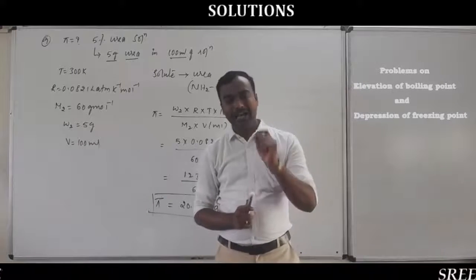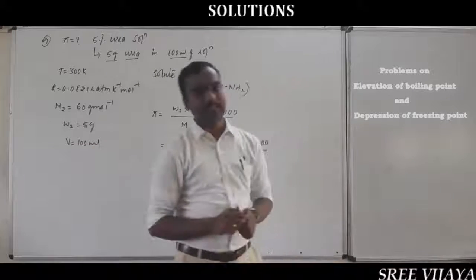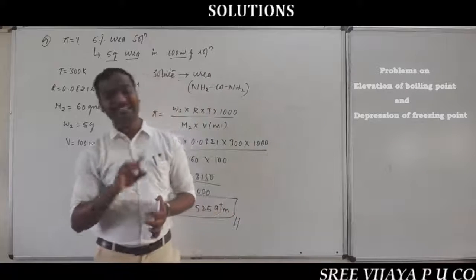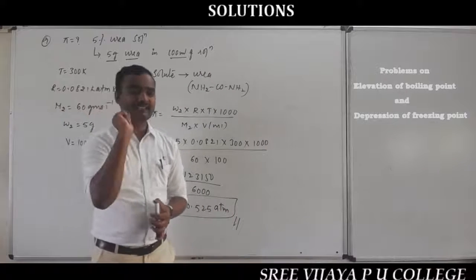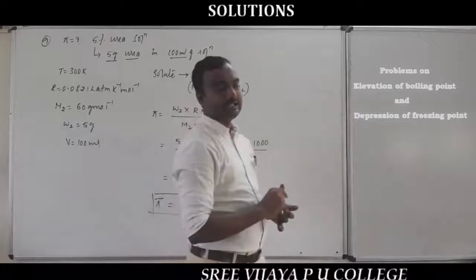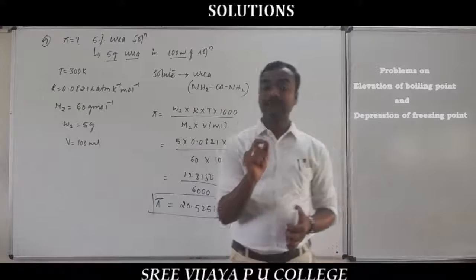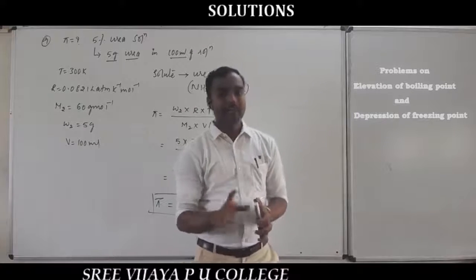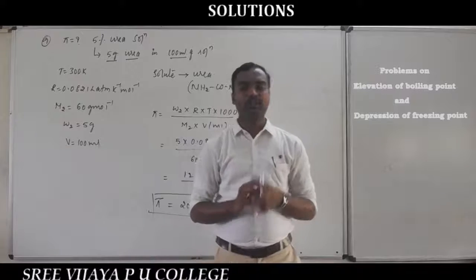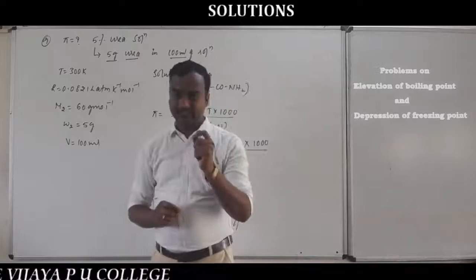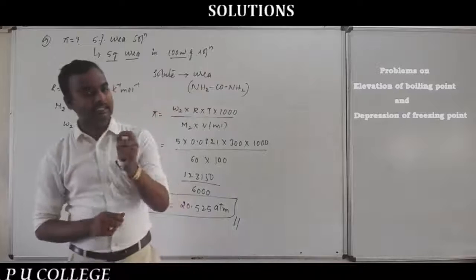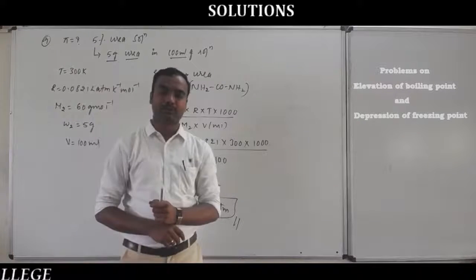Substitute that. And about delta TB, know that delta TB is equal to TB minus T0B, where TB is the boiling point of solution and T0B is the boiling point of pure solvent. At the same time, delta TF is equal to KF into m, that is molality. Again, substitute the m value, you know the molality formula.